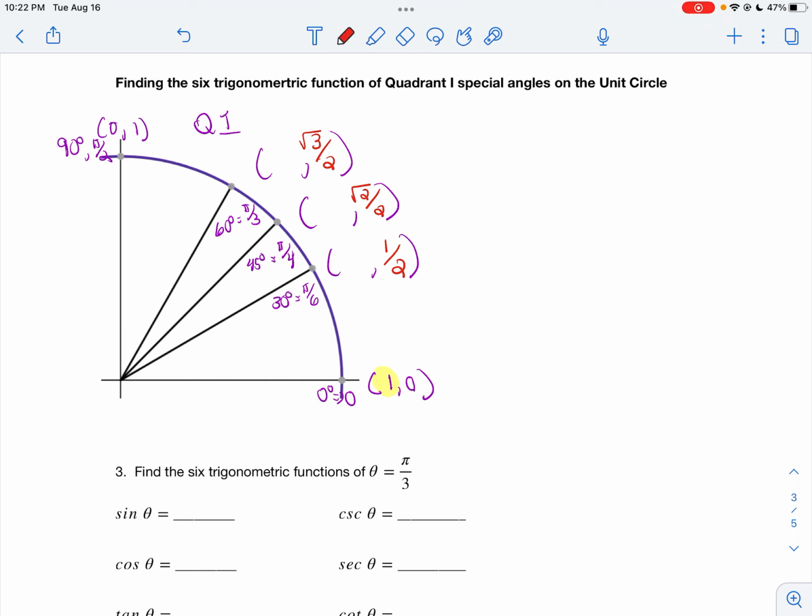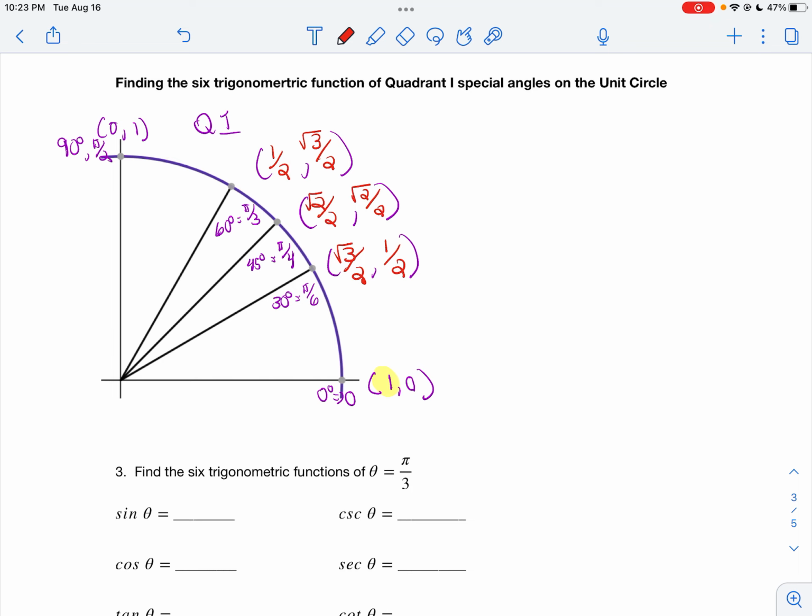Starting here at 0 radians, my cosine is 1. So from 1, which is the highest on the unit circle you can get, I need to decrease, count down. So I'm going to go 3, 2, 1, take the square root, divide by 2. And that gives you your corresponding cosine values, x values, for those special angles.